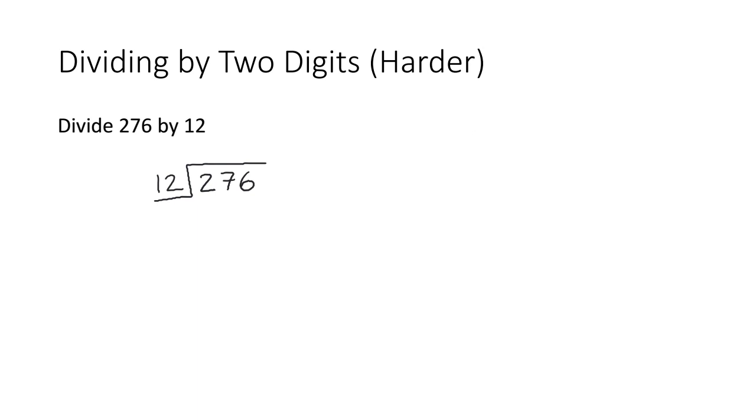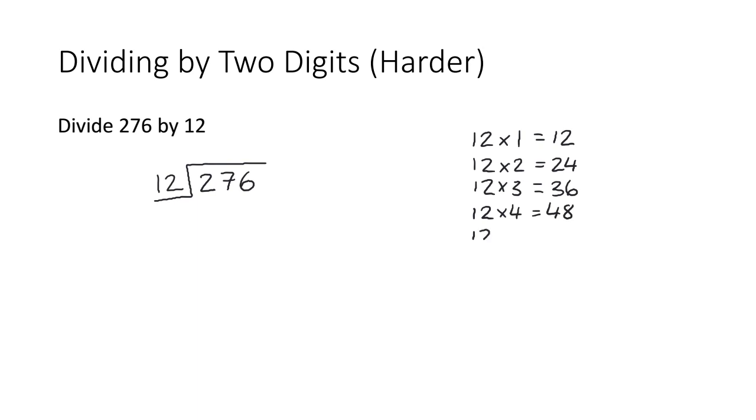What it might be an idea to do is, at the back of your jotter, you might want to write out your 12 and probably your 13 times table, so that you've got them for reference when you're doing any longer division calculations. So let's get this written out before we go any further.